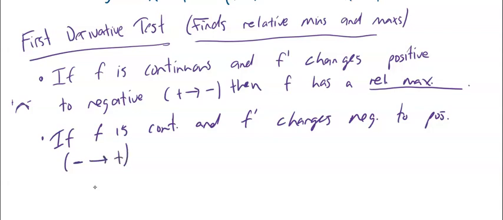So something changes from going down to going up. Well, then f has a relative what? Minimum. Good job. All right. So if I can show that one of these changes happens, then by calculus, I have justified that something either has a relative max or a relative min. So let's jump into a quick example.